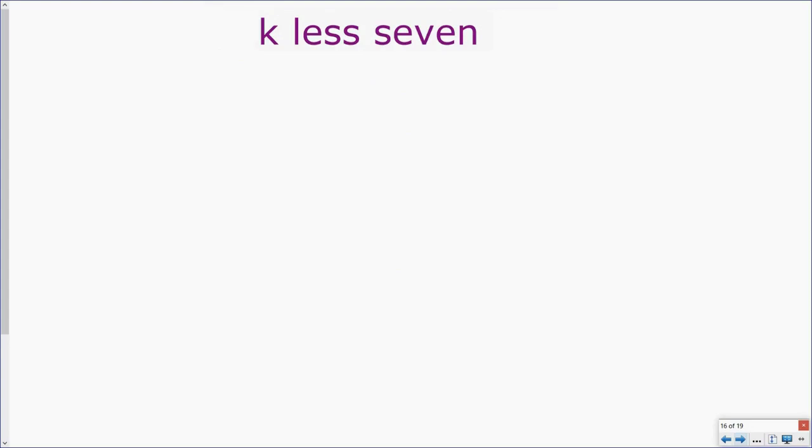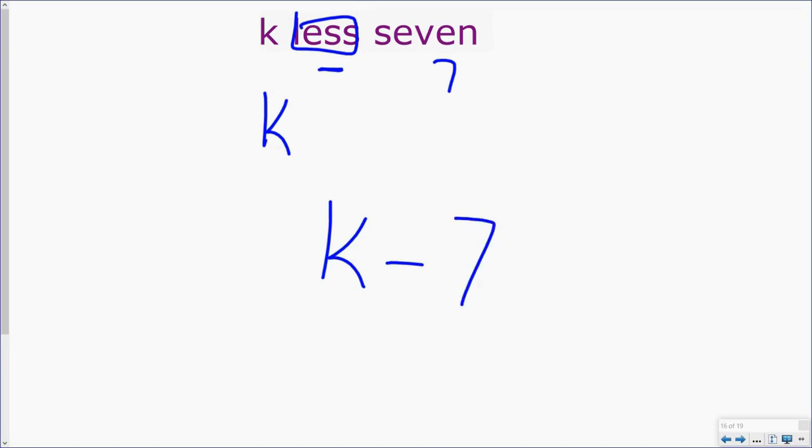K less 7. Well, I know this is k. Less is subtraction. And then 7 is 7. So I would have k minus 7.